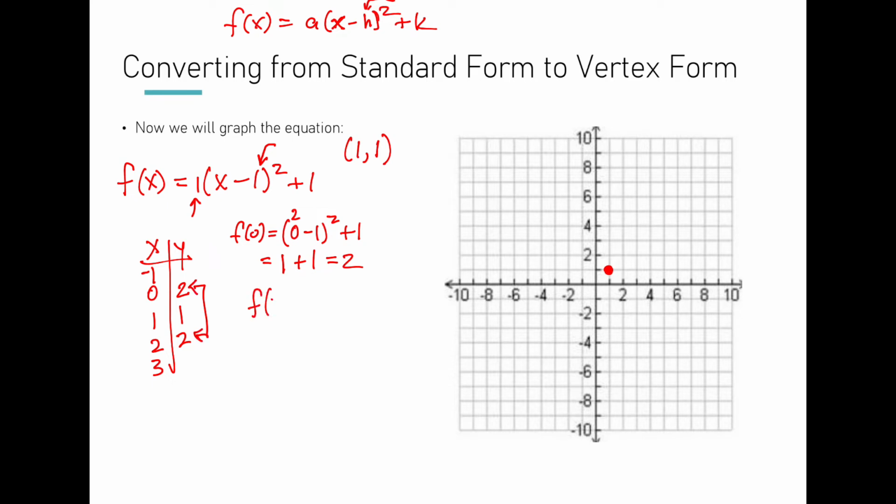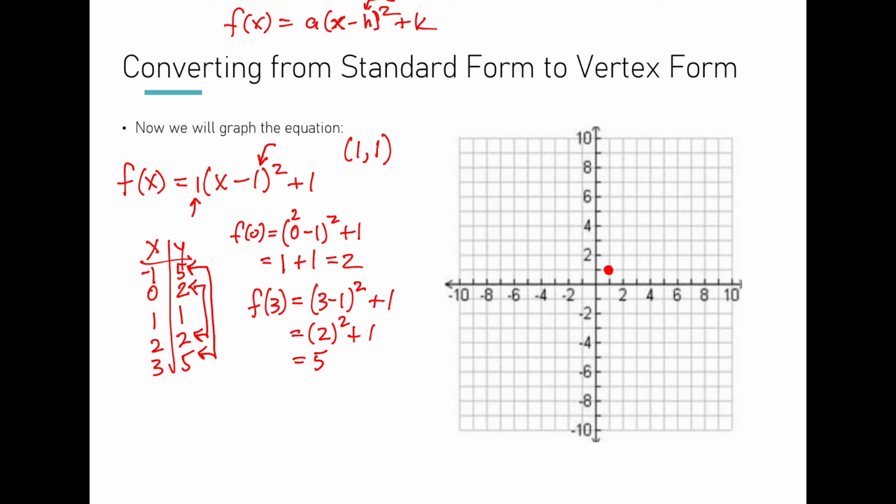So if we find f of 3 now, that's 3 minus 1 squared plus 1. 3 minus 1 is 2. 2 squared is 4. 4 plus 1 is 5. So 3 gave me 5. -1 I can assume is going to give me 5 too, because I've already established the symmetry, and both 3 and -1 are the same distance from that h value on the vertex.